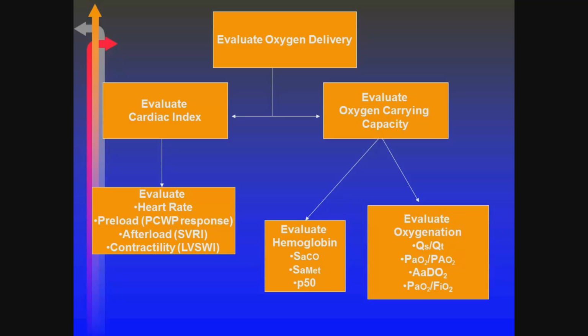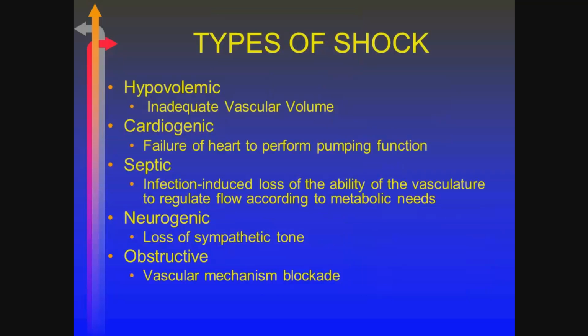So far, so good. We're using the PVO2 as a starting point to say, are we matching demand and supply? Because if we're not, we're going to call that shock. That's the definition of shock, is that there's not a relationship which is optimal and the PVO2 is normalized.